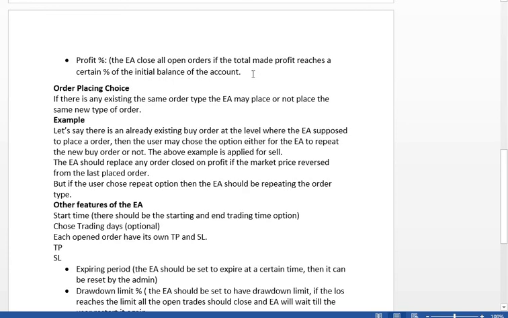For instance, if it is a $100 account and all the open positions have made a profit of maybe 10% of the $100, that's the initial deposit, the EA should close the whole open positions and start again. Do you understand? You start again. So that is it.